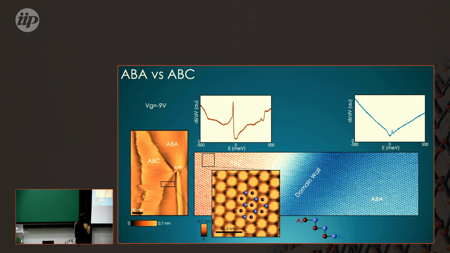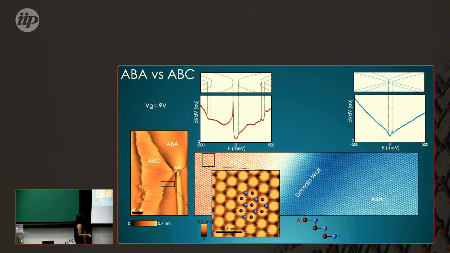So this is the dI/dV measurement. This is the density of states as a function of energy that was measured on the ABC region, and this was measured here outside on the ABA. If we correspond it with the low energy band structure, we can very easily recognize the remote bands by this kink of the ABC, and this is the Van Hove singularity of the valence band.